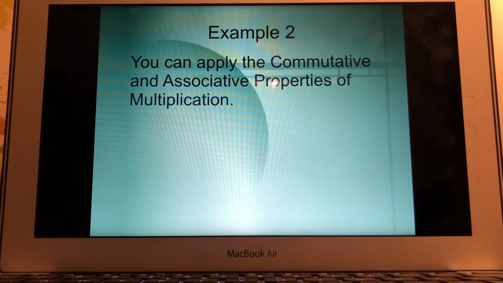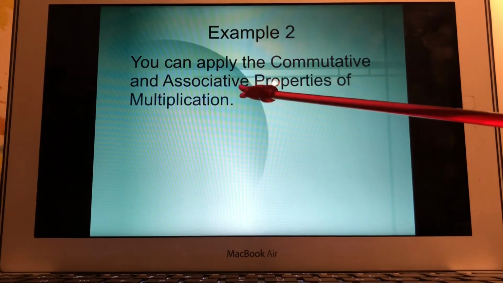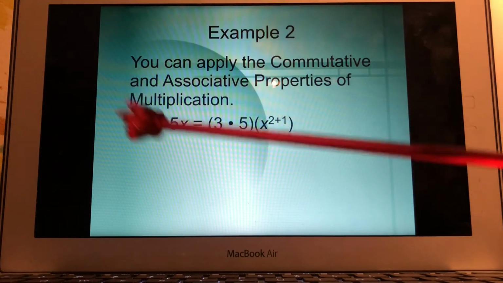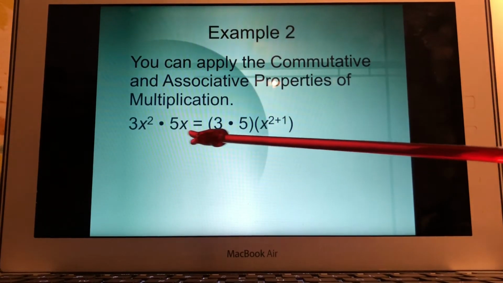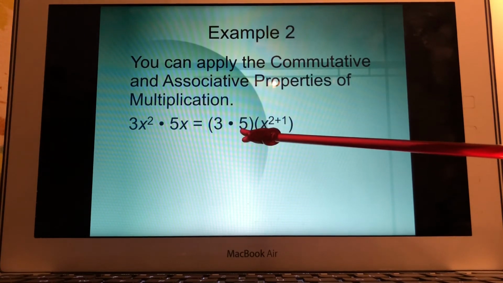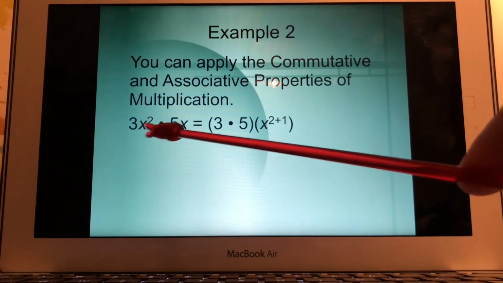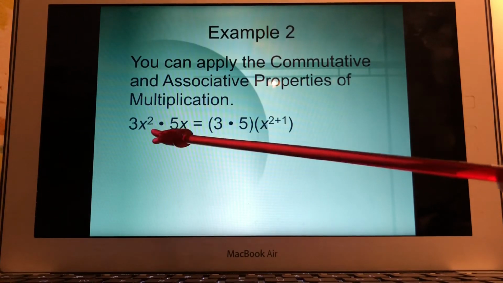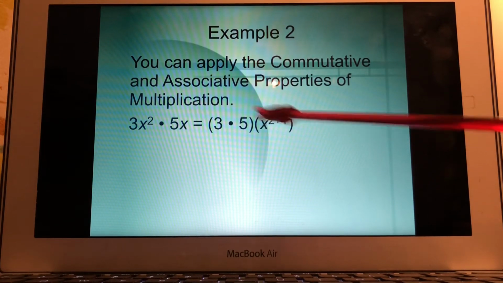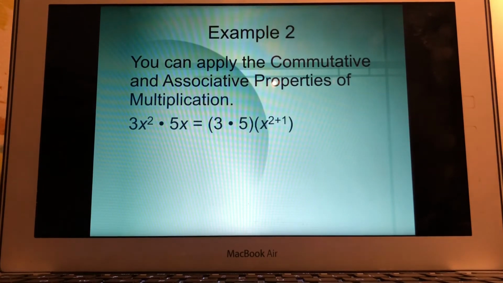Now, you can apply the commutative and associative properties of multiplication. Commutative means order, remember? Associative means the association or grouping of your numbers. So, 3x squared times 5x. I'm going to pull out the 3 times 5, and then I'm going to have x is my base. That can be grouped by itself, and then you have the power of 2 plus the power of 1.